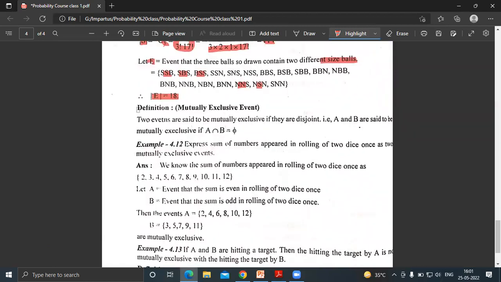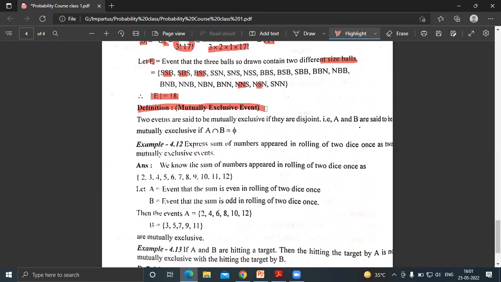Now comes our definition of mutually exclusive events. What do you mean by mutually exclusive events? Suppose one person is Ram, another person is a girl named Jaya. Ram is a boy and Jaya is a girl. If I take a gender-wise intersection, then Ram intersection Jaya is phi, that is, no common gender there.